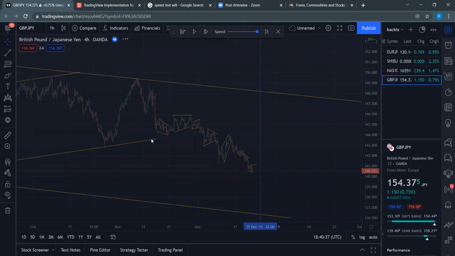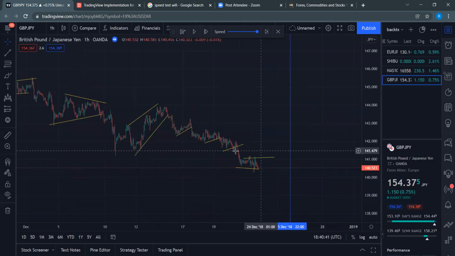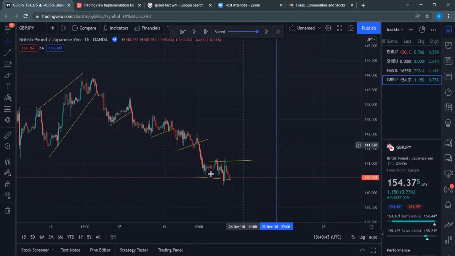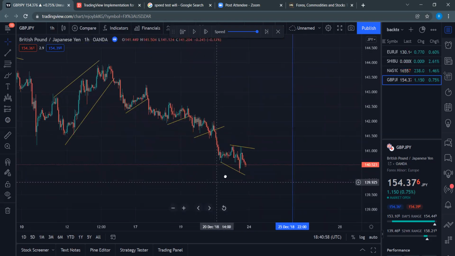So it goes to the 1 hour. It's ugly. It's very ugly, but that's how the market is. When it's ugly, we need to trade it ugly.